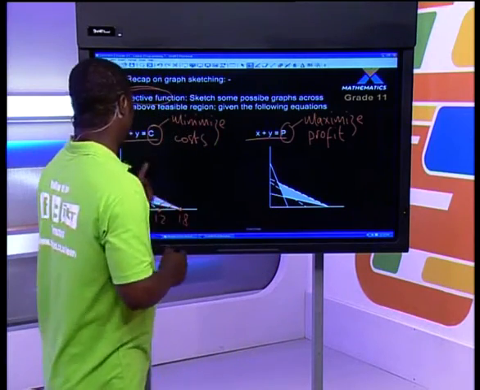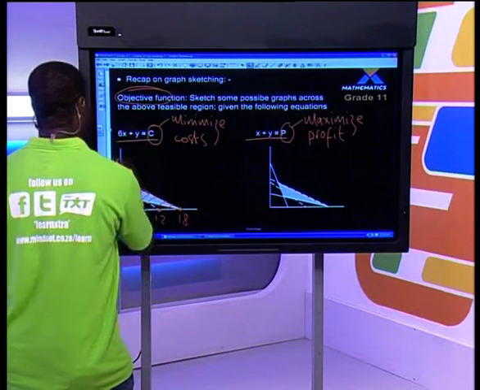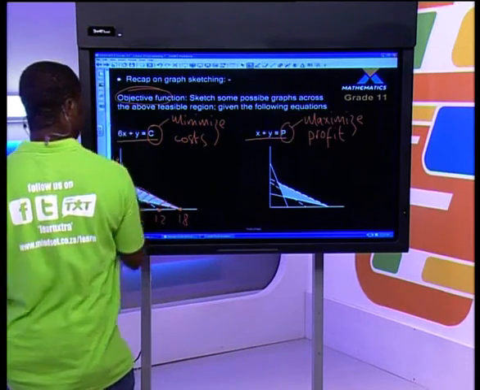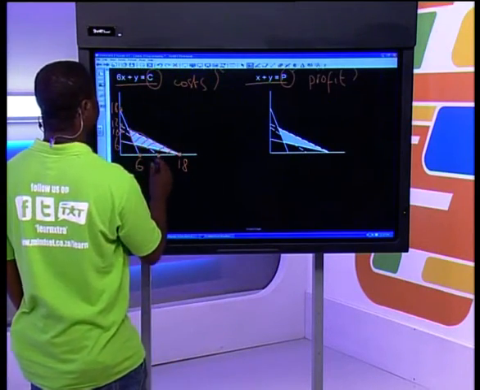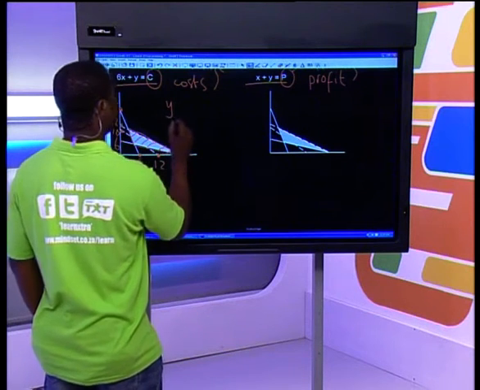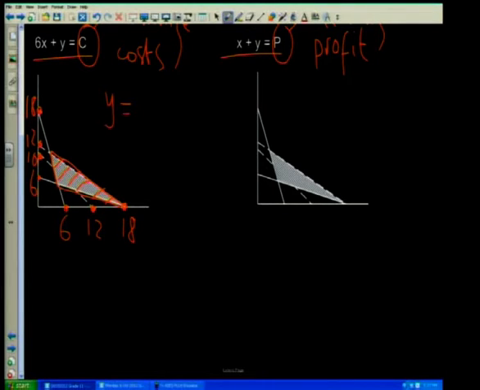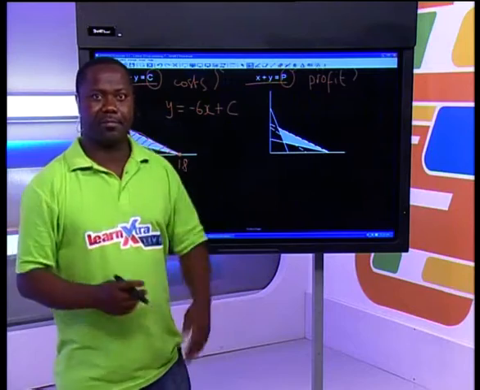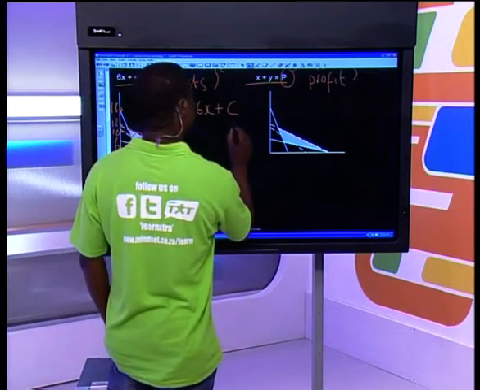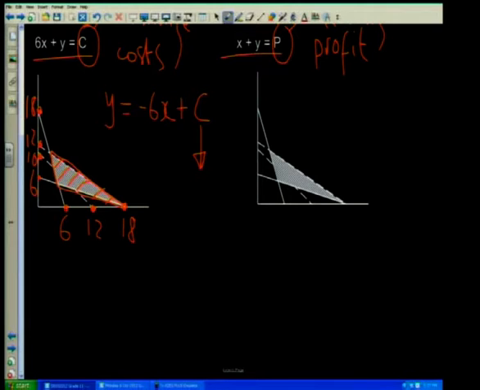Okay. And what you will notice, therefore, if I start with the cost function, let me do this one in particular, extend the page there. All right. So this that we have here says y, we can rearrange it, y equals minus 6x plus c, let's say. Your cost can range from 0 to any figure that is positive, all right? So you then imagine that that cost in this expression, after rearranging it, is actually your y-intercept.